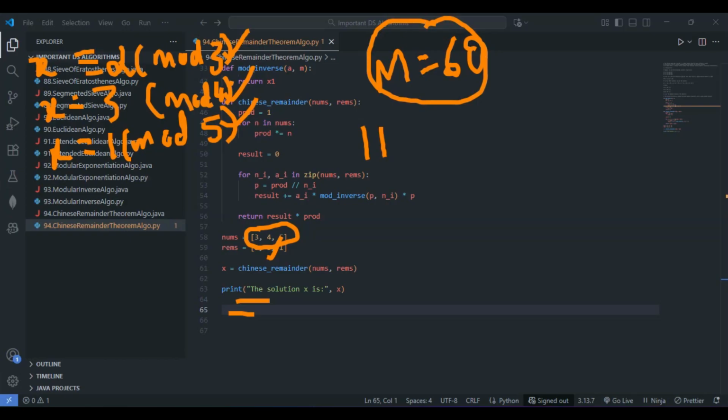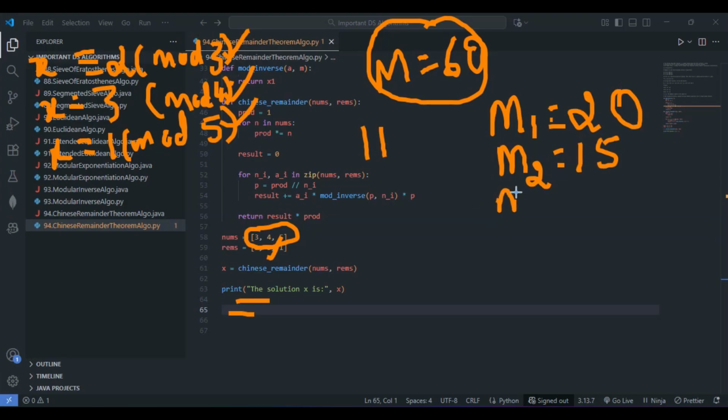For each modulus, M1 is 20, M2 is 15, and M3 is 12. Along with this, let me write the Y as well.